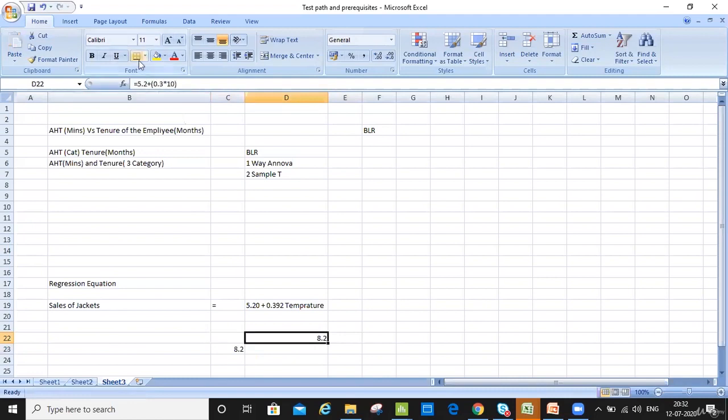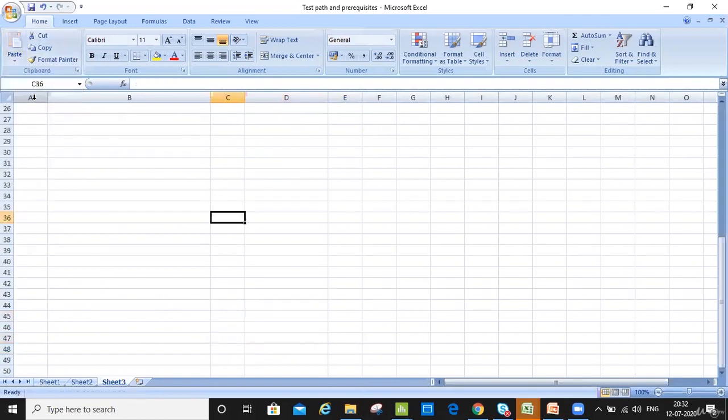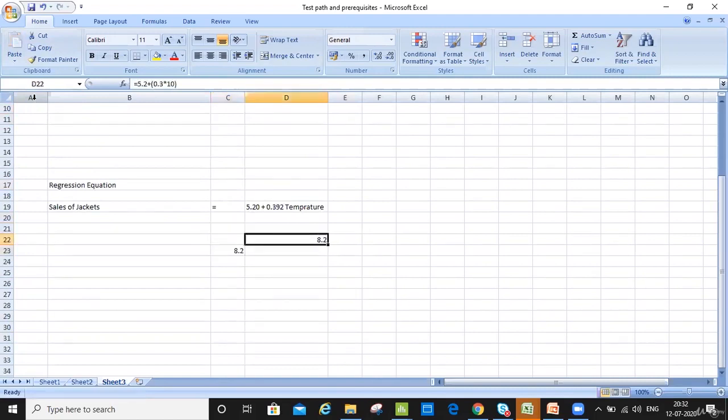If I change it, now if I change it to 30, what do you think? Should this value increase or decrease? What do you think? Decrease. It should decrease. Increase. It will increase.